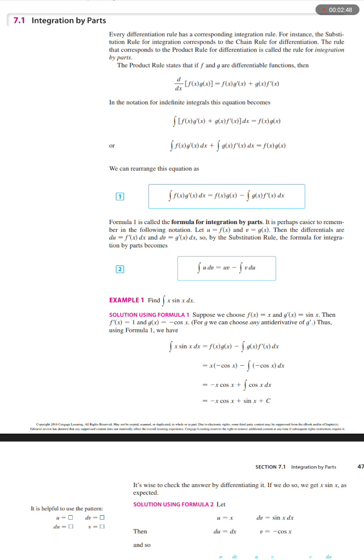So by the substitution rule, the formula for integration by parts becomes equation 2: the integral of u dv equals uv minus the integral of v du.